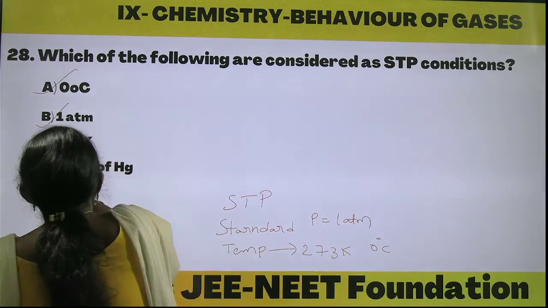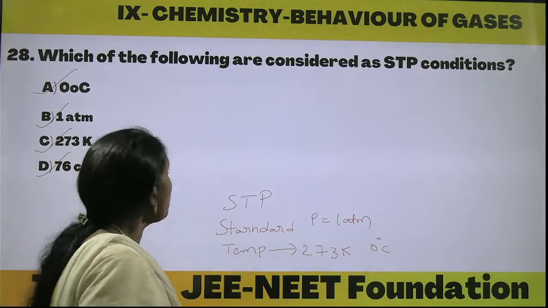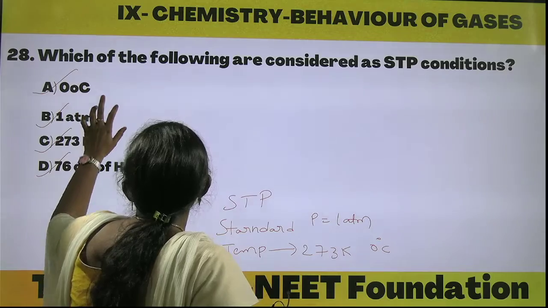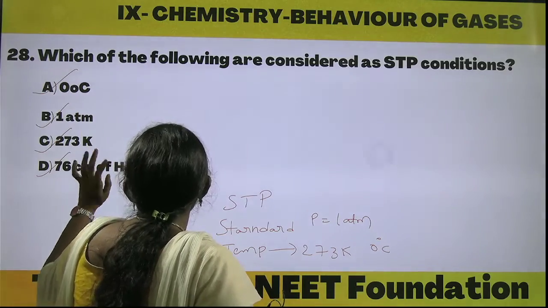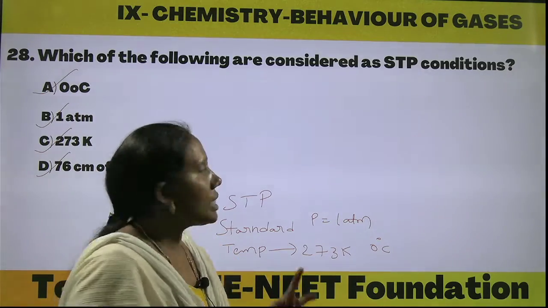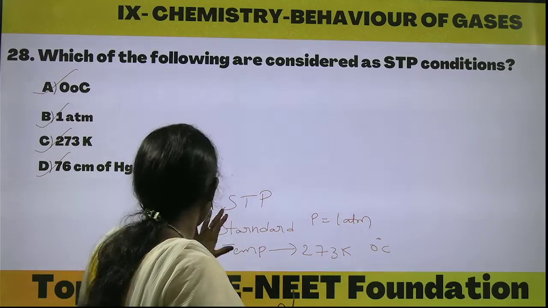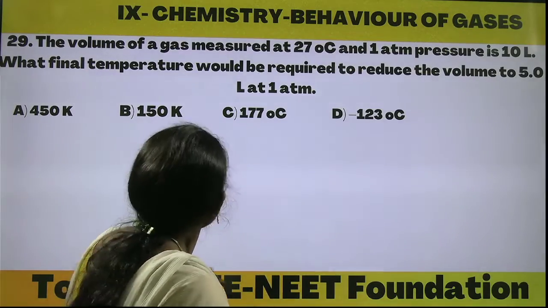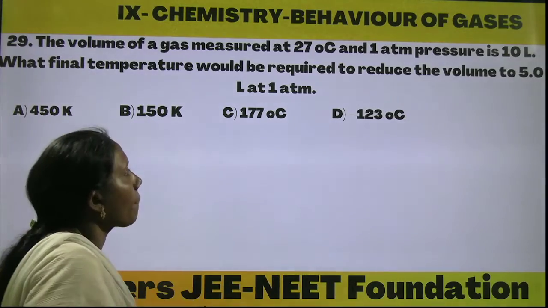So, I will go with the D option also. So, the STP conditions are 0 degrees Celsius, 1 atmosphere, 273 Kelvin and 76 centimeters of Hg. Okay, come to the next question.